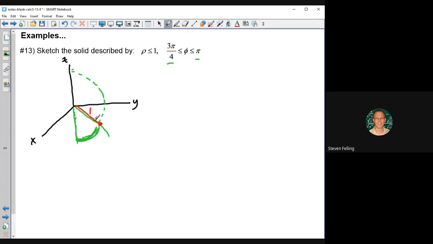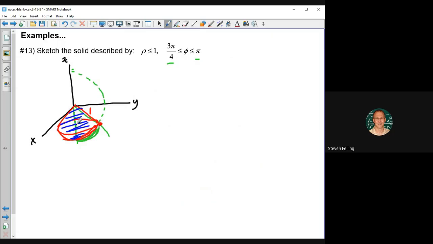So essentially what it is, is a cone, a conical shape down here, but all the way out to the row of 1. So it's really like a snow cone shape, right, with a rounded edge here. And it's all of this space inside that snow cone shape, including out to the rounded edge.